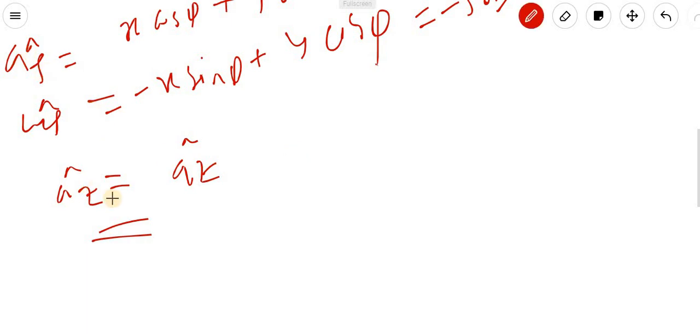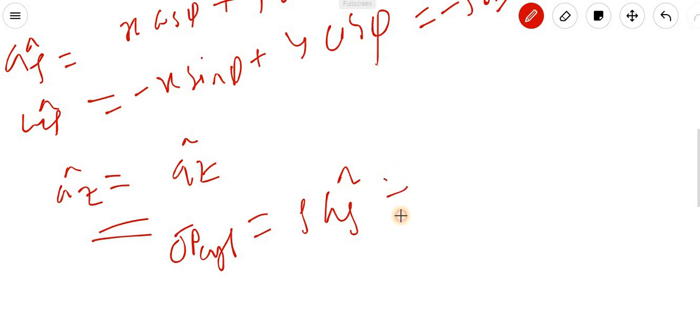So if we convert that in cylindrical, we get rho a rho plus z az.